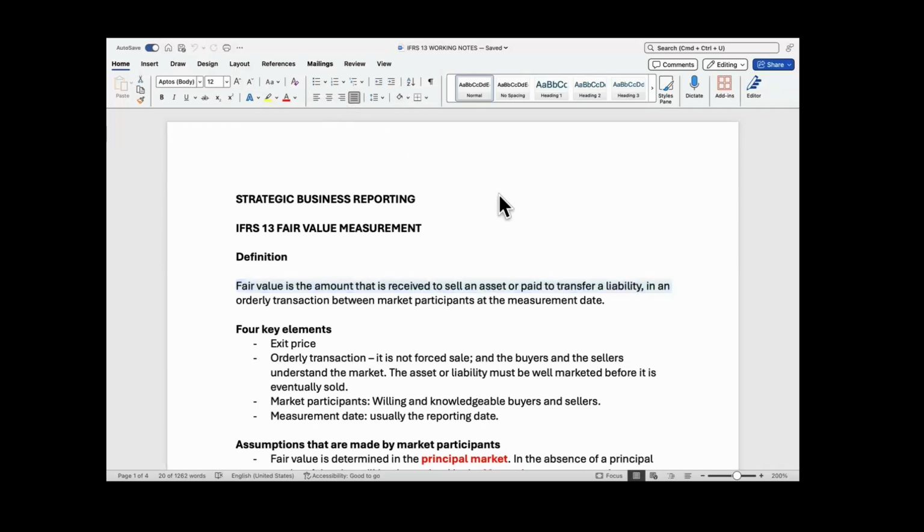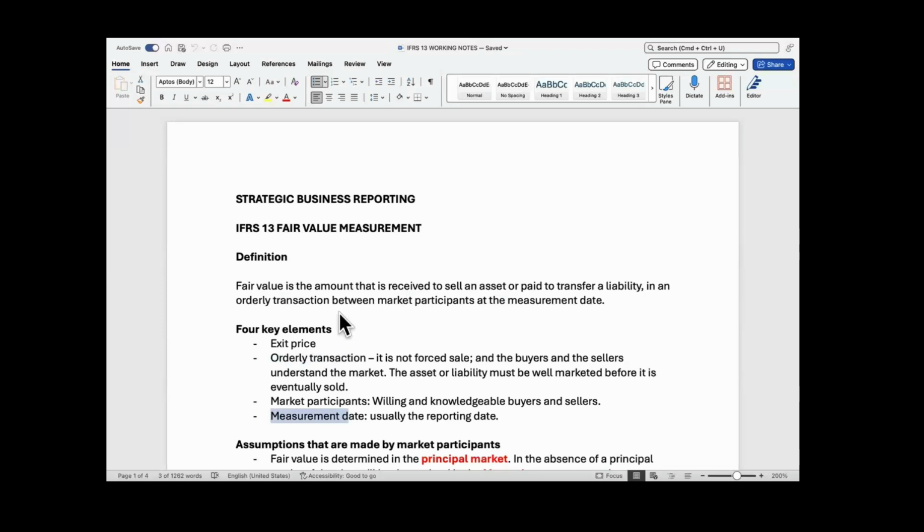It is the exit price that is the fair value. Then we also went ahead to look at how fair value must happen in an orderly transaction between market participants at the measurement date. We explained all of this one by one.